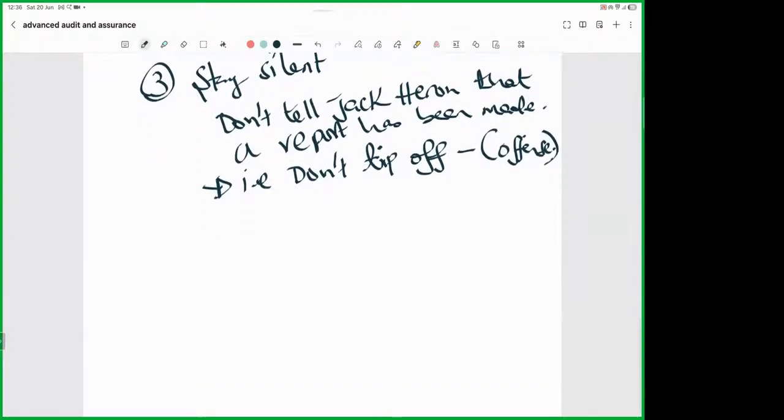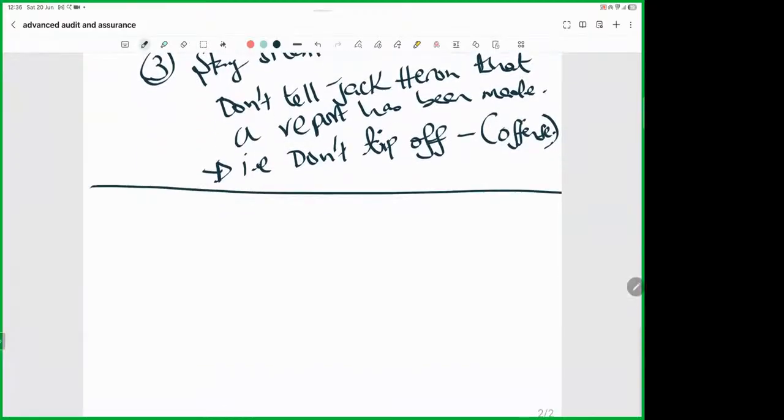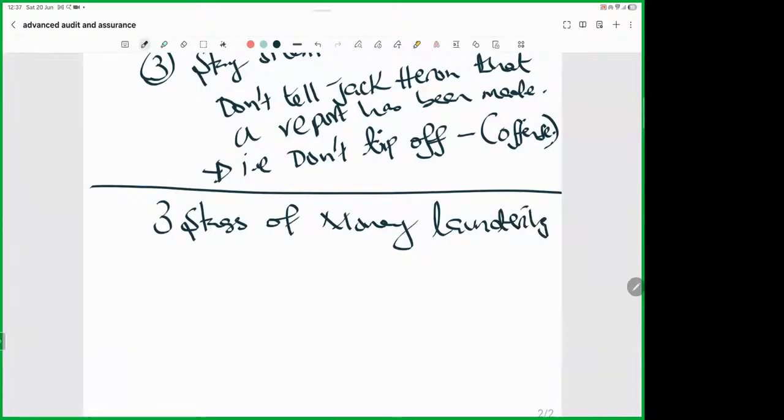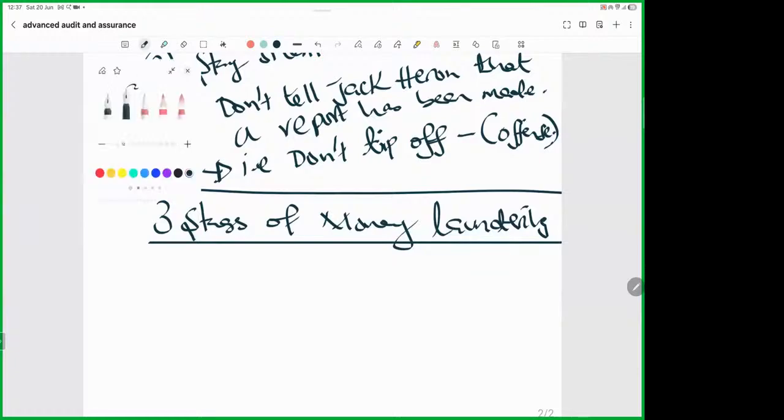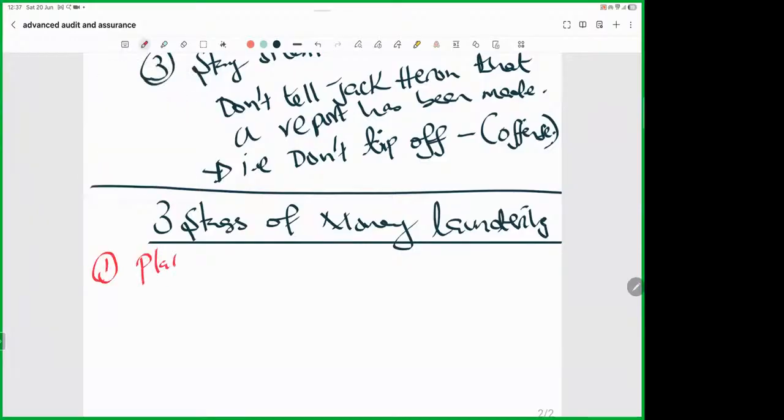However, when you look at this kind of question, you can always quote the three stages of money laundering. I know you know all of them because you guys are very, very bright. The first one is what we call placement. Under placement, that money enters the business.